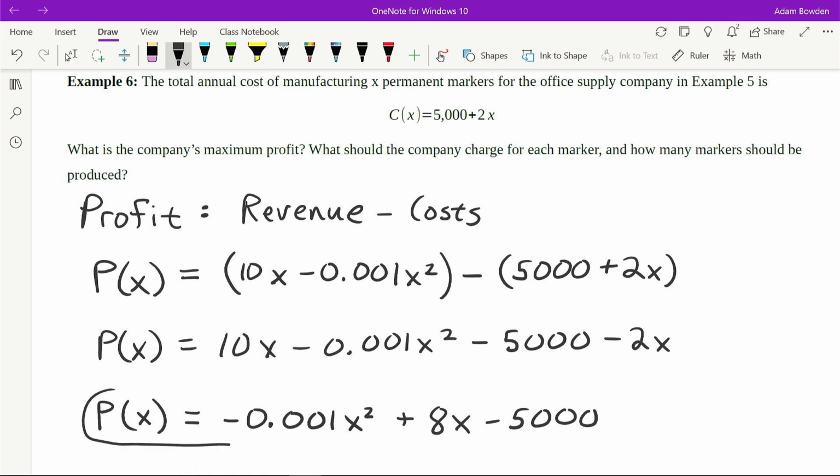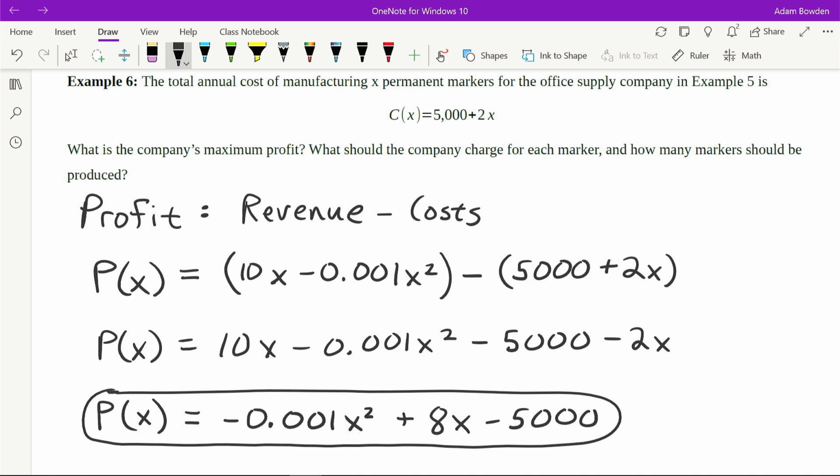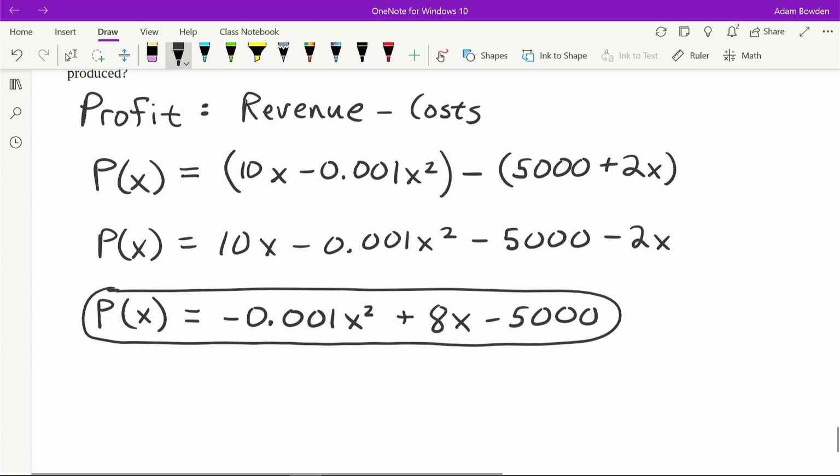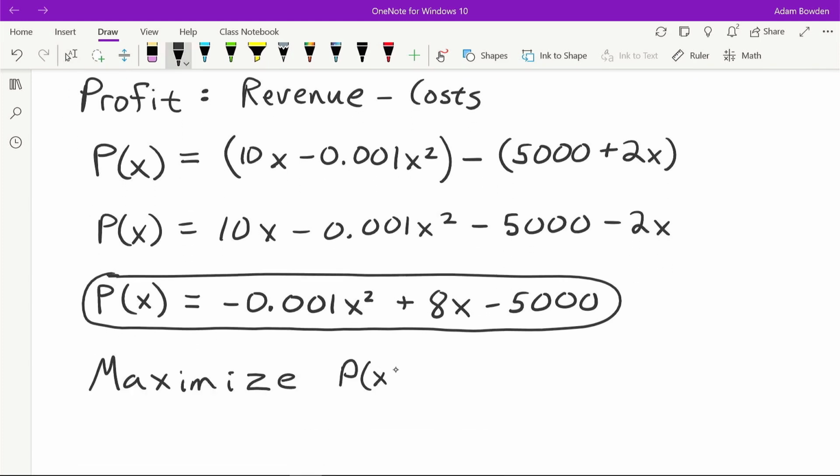And now this one would like us to maximize their profit and find out how many they would sell and how much they should charge now to maximize profit, not just revenue. So to maximize P of x, we'll take the derivative P prime. It's going to be equal to negative 0.002x plus 8.